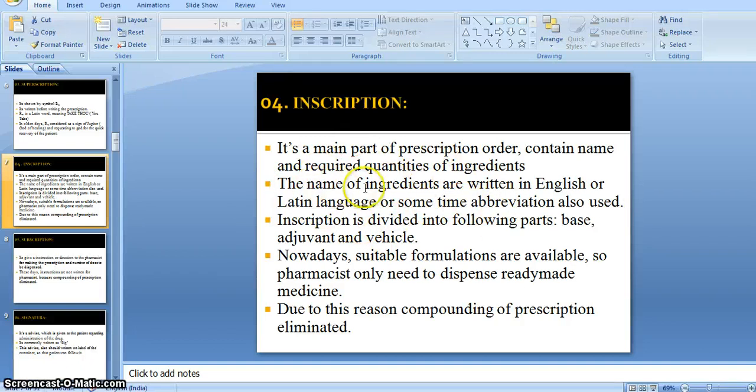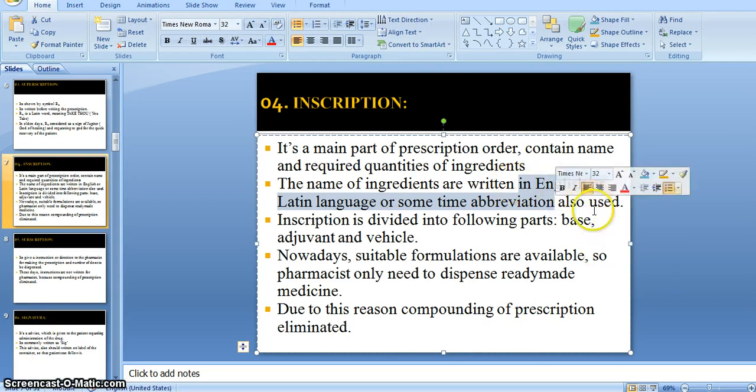The names of ingredients are written in English or Latin language, or sometimes abbreviations are used.